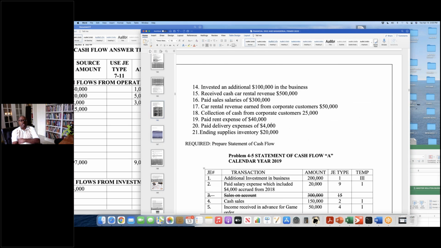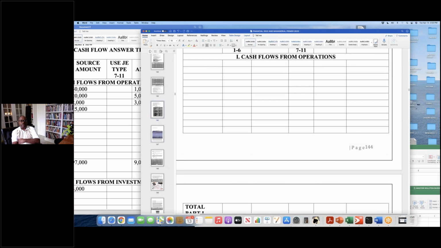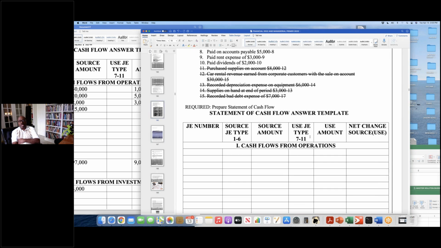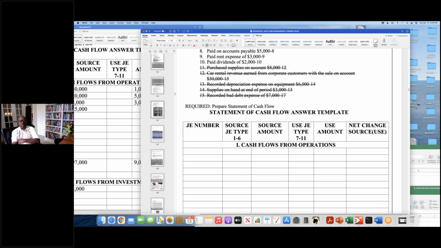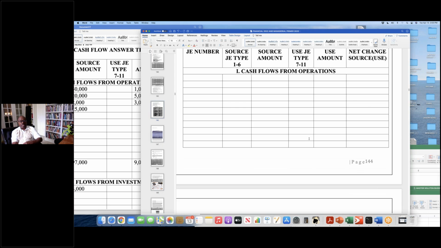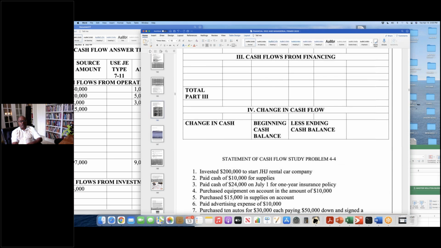I think the second sheet that you showed us is much easier to use. I agree. And all you have to remember is that 1 through 6 are on the source side, 7 through 11 are on the use side. You have to put it in the right part and everything.